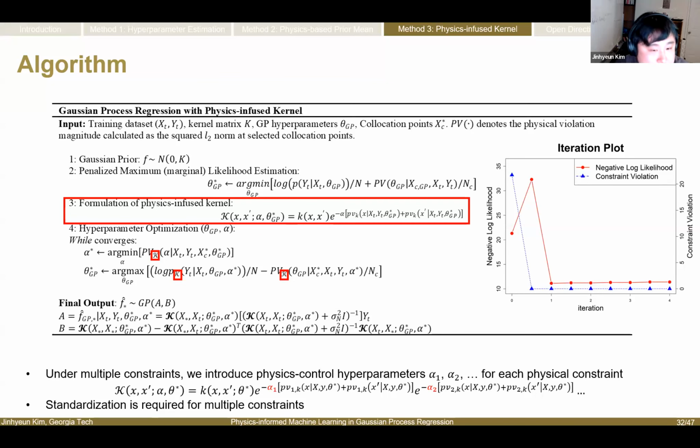Under multiple constraints, we introduce additional physics control hyperparameters, alpha 2, alpha 3. For multiple constraints, standardization is very important because depending on the constraint given, if we involve the second derivative information, the epsilon square value becomes very large when compared to the different constraints.